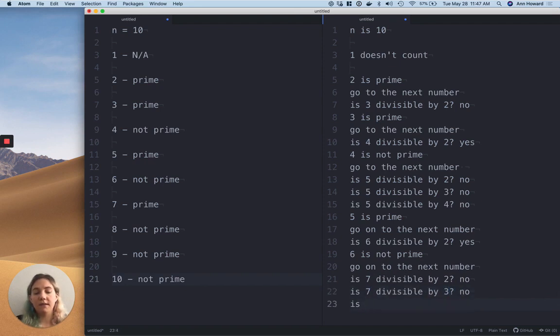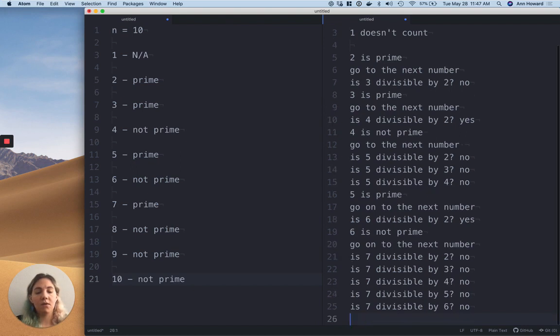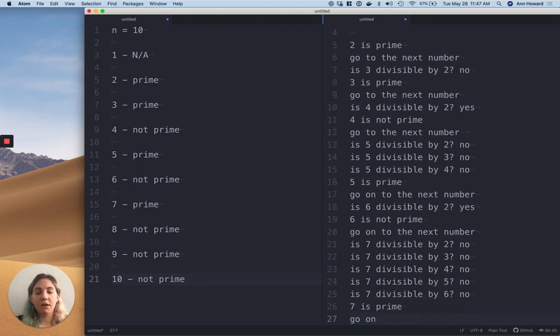No. Is 7 divisible by 4? No. Is 7 divisible by 5? No. Is 7 divisible by 6? No. 7 is prime. Go on to the next number.